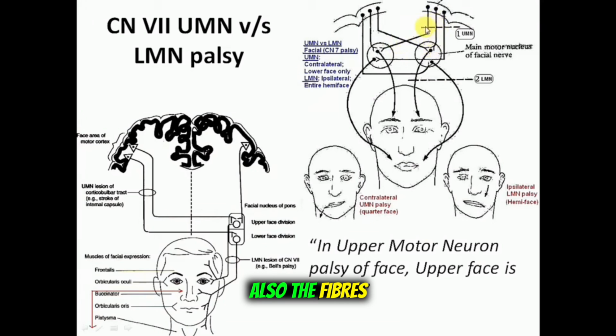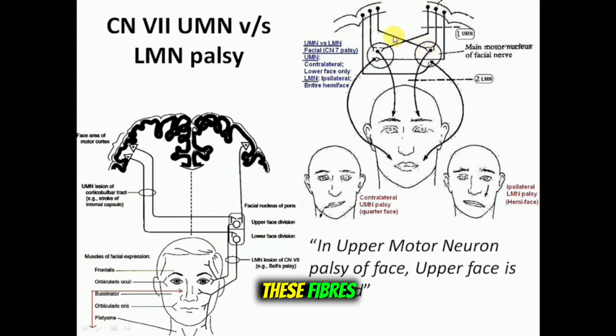Also, the fibers which are innervating the opposite lower part of the facial nucleus are damaged. But the upper part of the facial nucleus of both sides will be spared because these parts are also controlled by the opposite unaffected side of the corticobulbar fibers.